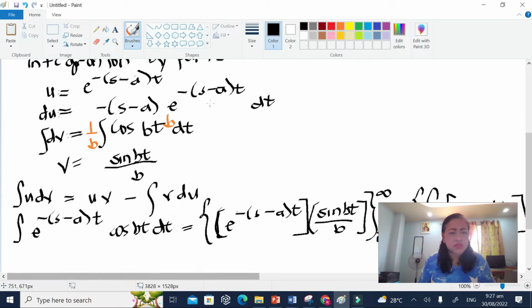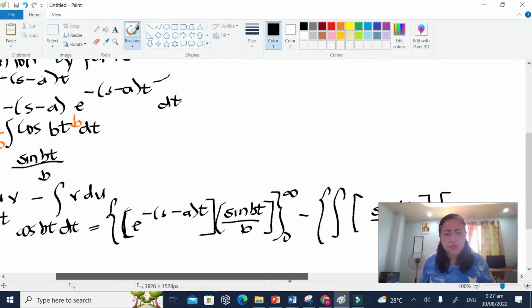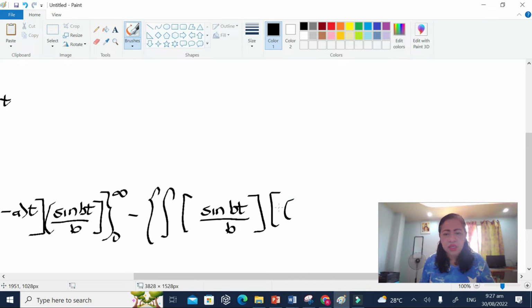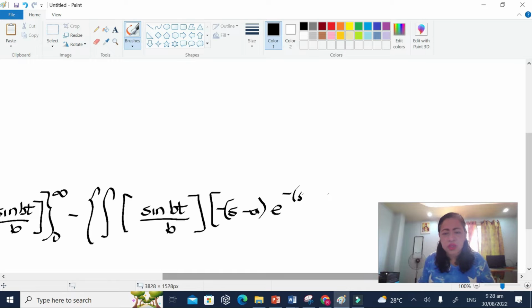Our du is this one, so that will become negative (s minus a) e to the negative (s minus a)t dt, from 0 to infinity. So let us evaluate first the first term.